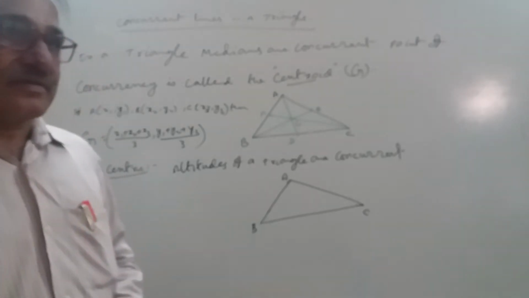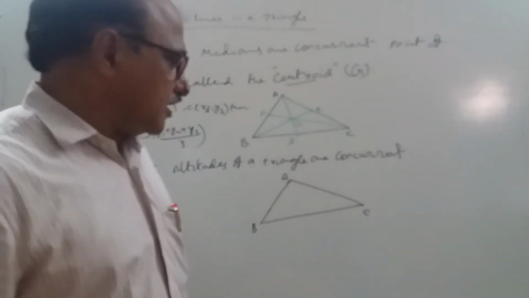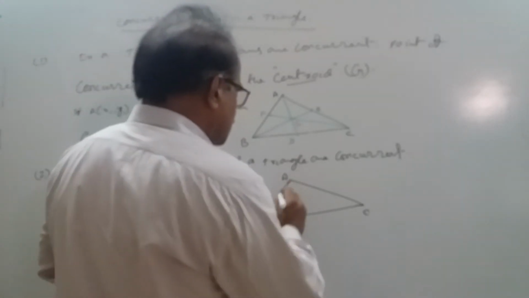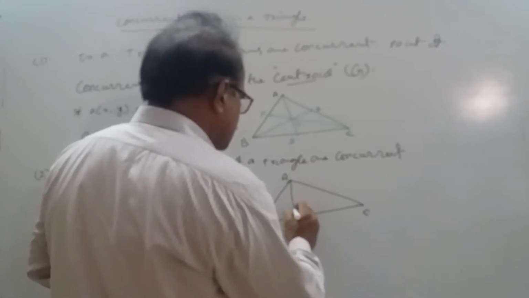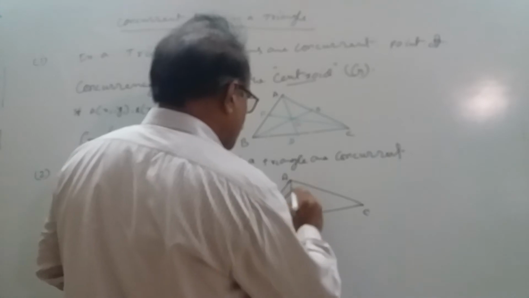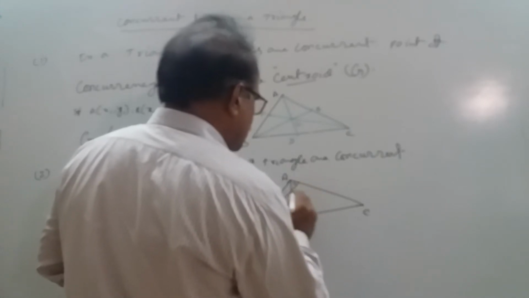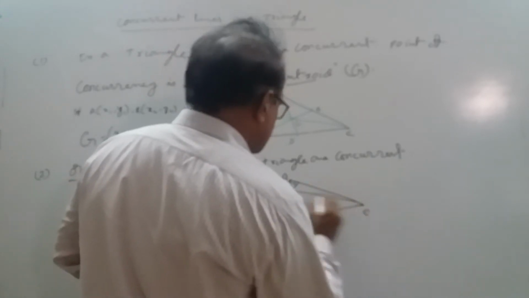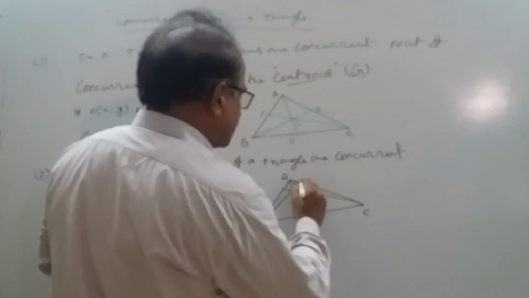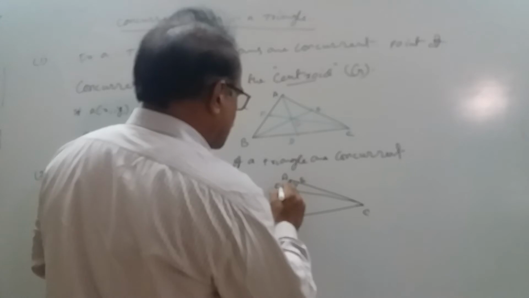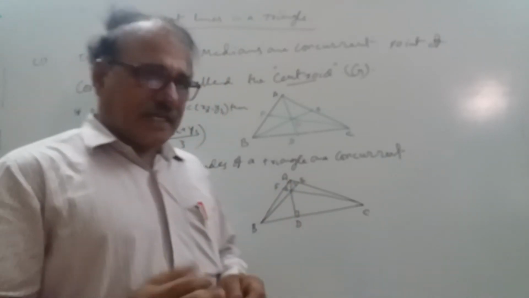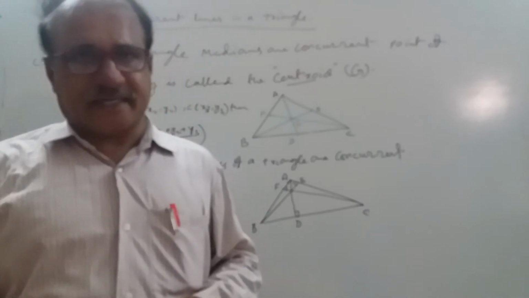If we draw a perpendicular from any vertex to its opposite side, AD, BE, CF are the altitudes drawn from the three vertices to the opposite sides.